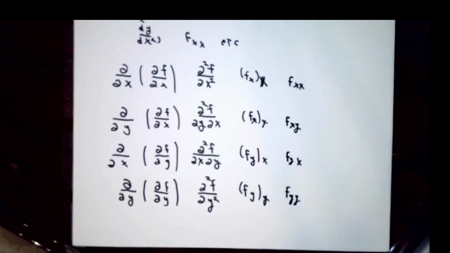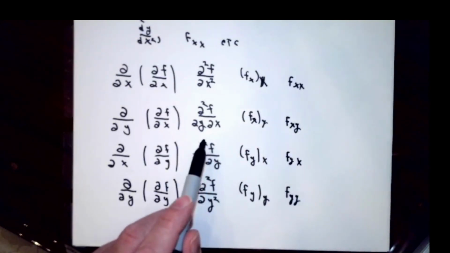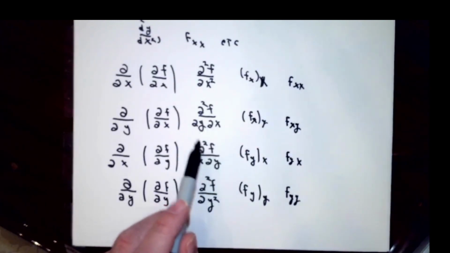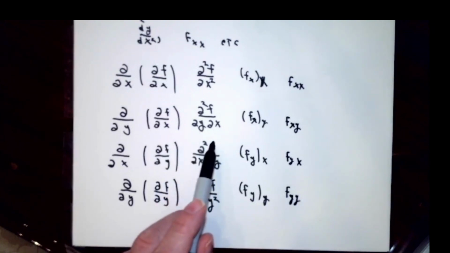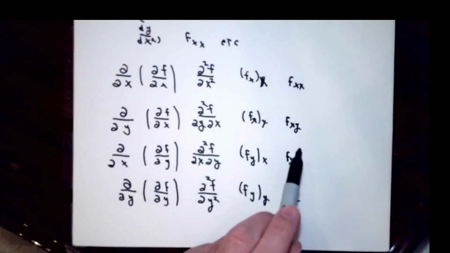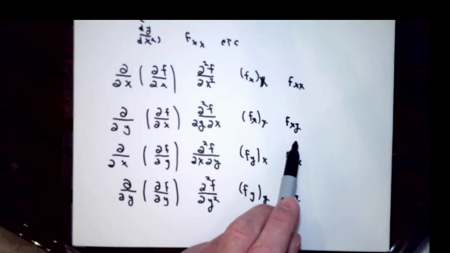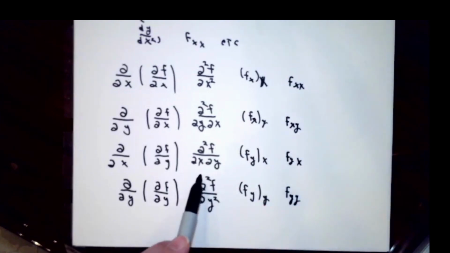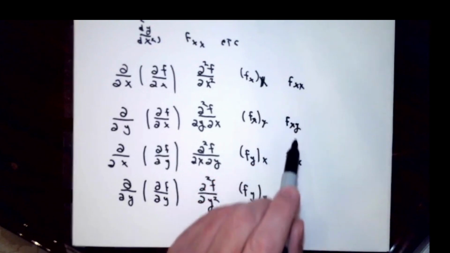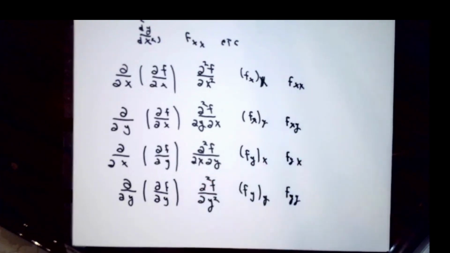This sometimes seems troubling because in this one, visually, the y comes first and the x comes second, while here, visually, it's the other way around, and likewise for that one. This is just a notational issue. The variable name that is closest to the f is the one that gets done first.